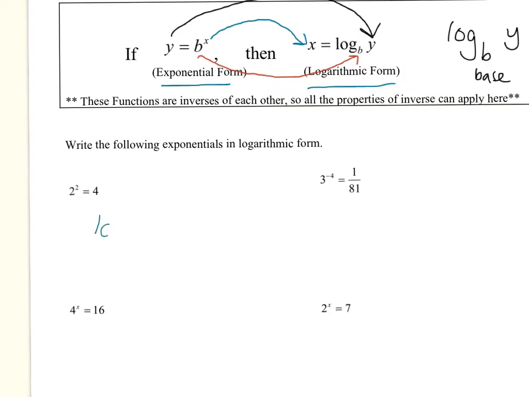I can say that this is the same as saying the log base 2, because the base of the exponential is 2, that value is the base in our logarithm, of 4, because whatever was by itself in the exponential goes inside the log, equals whatever the exponent was, which is 2. So log base 2 of 4 is equal to just 2. If I were able to put this in my calculator, which I eventually will, log base 2 of 4 equals 2.